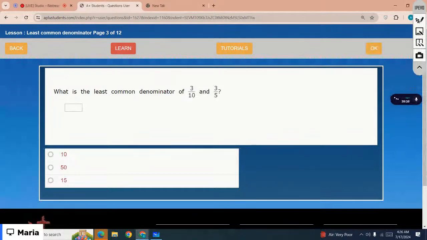Okay, what is the least common denominator of 3 by 10 and 3 by 5? So which is the correct option?